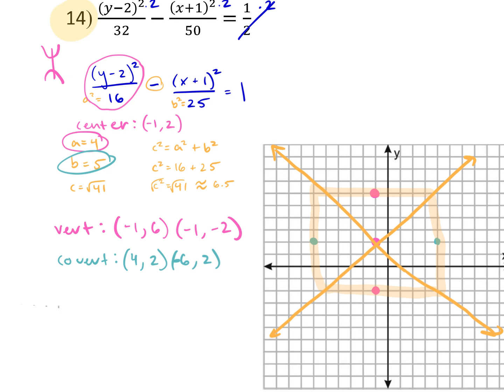And then we can draw our hyperbolas, kind of hugging the corner of our asymptotes there. So they look like that.